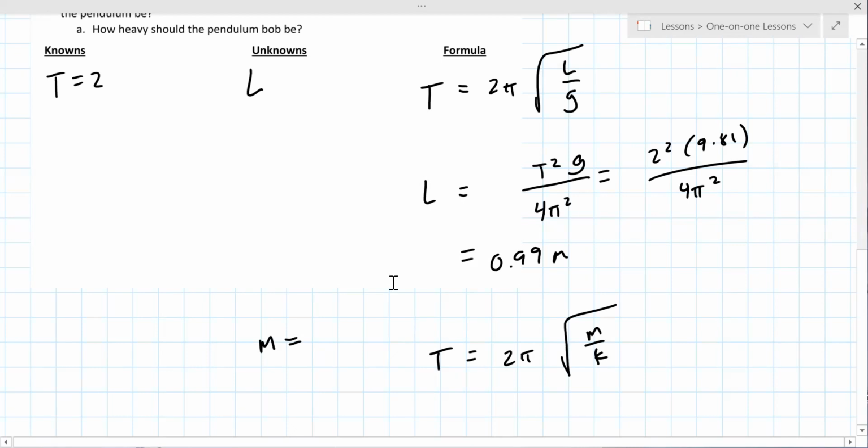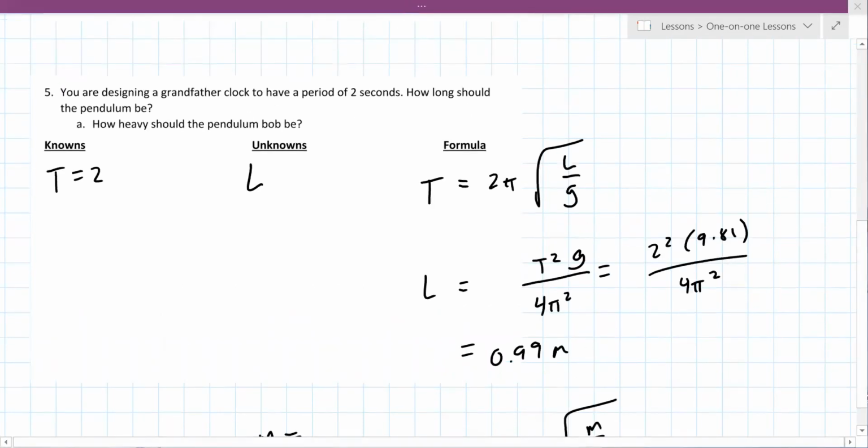I sure am. Okay. So I got 0.99, which is basically one. I got that as well. What this question doesn't give, and I'm not sure how to do it, is that to do this you need to know the k, which we don't have.